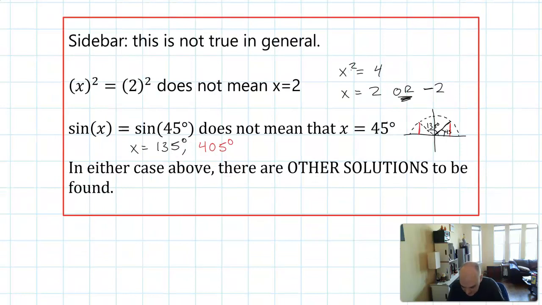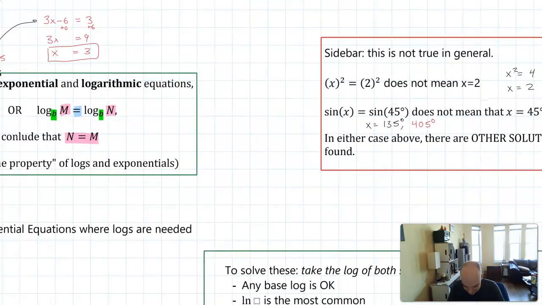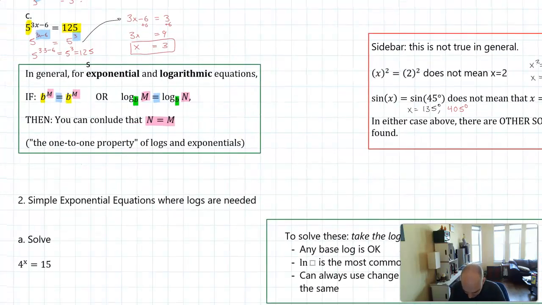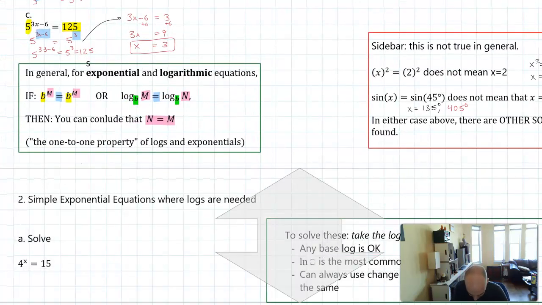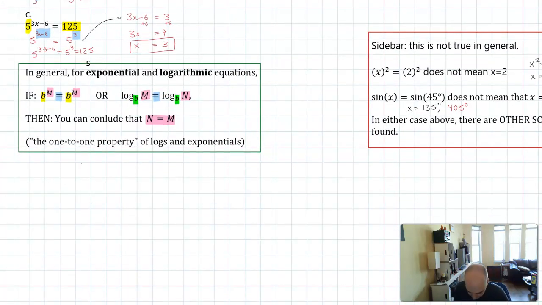So why does this work for logs and exponents in general? Well, the name tells you sort of why it works. The one-to-one property is all about how logs and exponentials are both one-to-one functions. That is, they pass both the horizontal and vertical line tests.